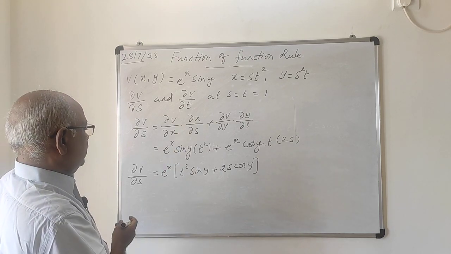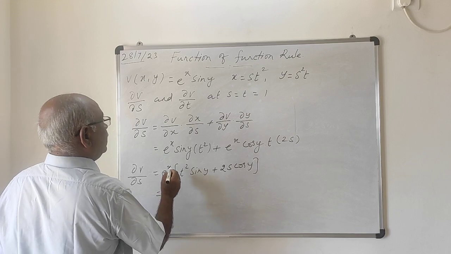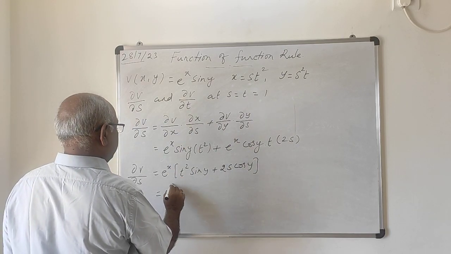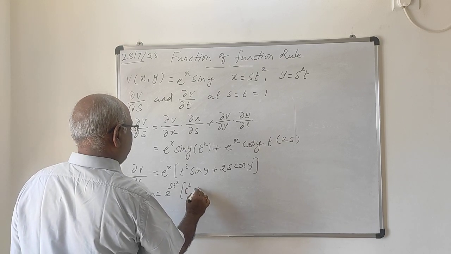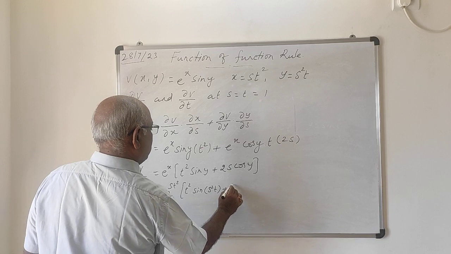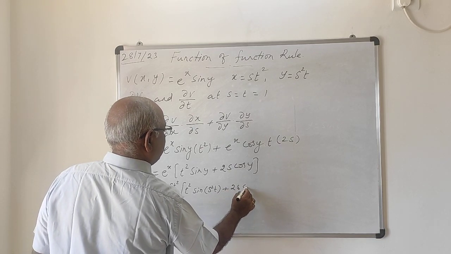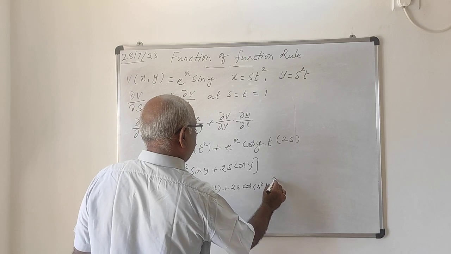What is the function given? e power x is e power st square, t square into sin y is s square t, plus 2s into cos y is again s square t.